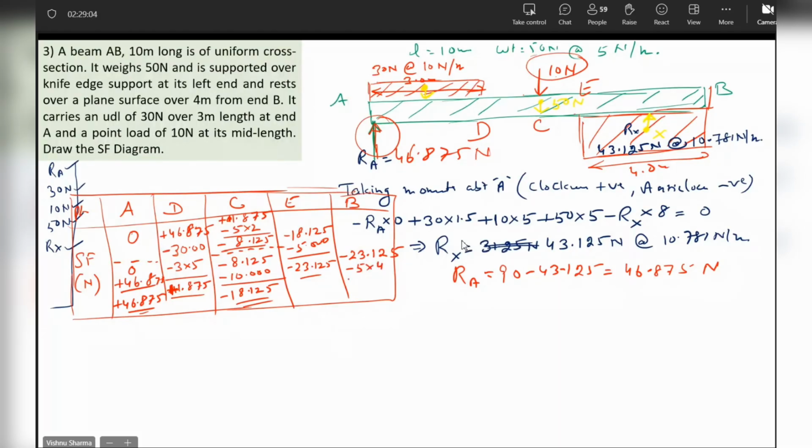And the total reaction plus 43.125. Yes or no? Correct? So now this becomes 0. Why? Because 20 plus 23 will become 43. That means all our values are correct. Is that okay with everybody? If anybody has any question, please let me know, beta.